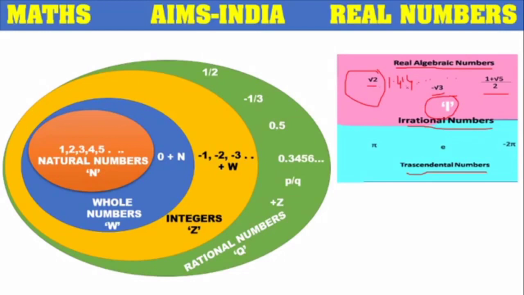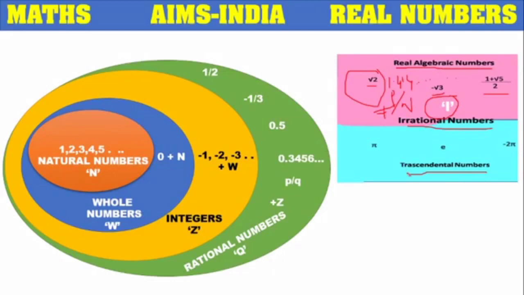So it's a decimal number which cannot be written in terms of a fraction. √2 is such a kind of number which cannot be written in the form of p/q. -√3 is also like that only.